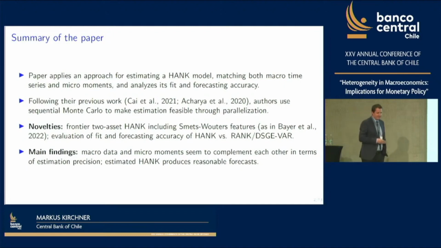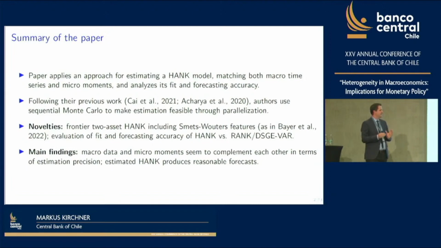And another finding of the paper that Marco didn't comment on is that in the previous version, they found that the macro data and the micro moments seem to complement each other in terms of estimation precision. So the posterior distribution is reduced in terms of its spread, right? It's a more pointy distribution.